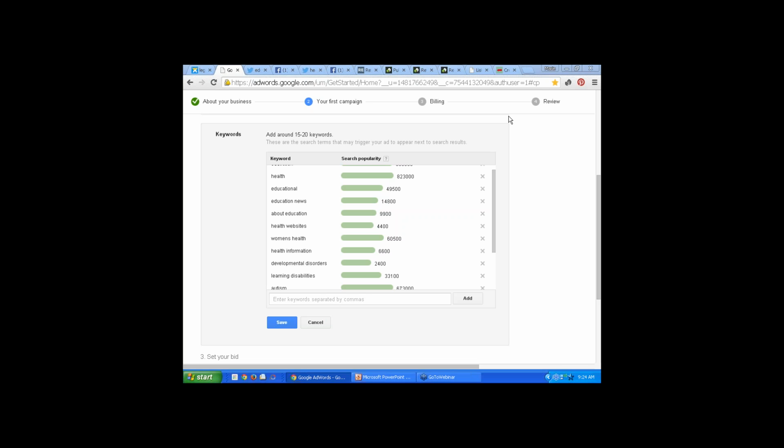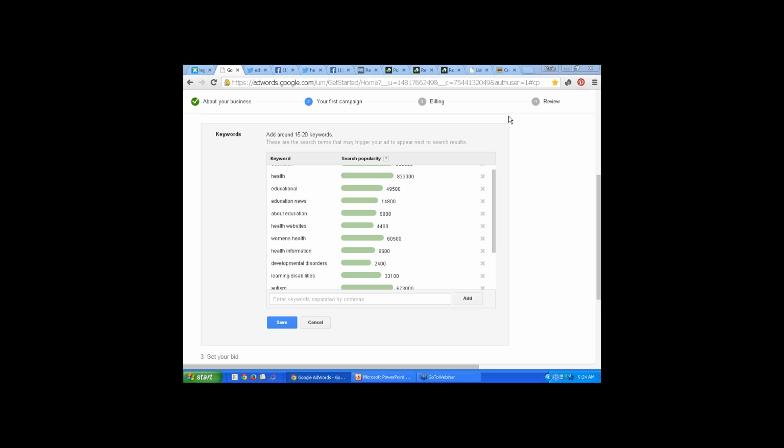So in this market, you can see we have education, we have health. Then Google has a tool, part of this AdWords tool, where you can click more like this. So we can say, okay, there's educational, which is something people search for, education news, about education. So we can look at those and say, okay, which one of those is closer to what we're talking about?